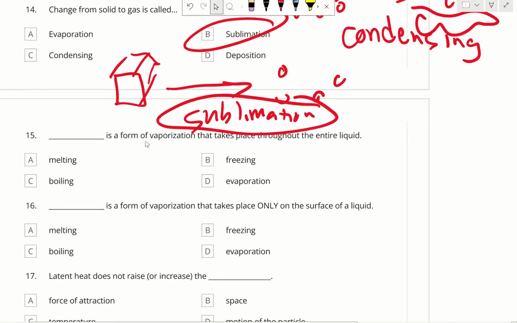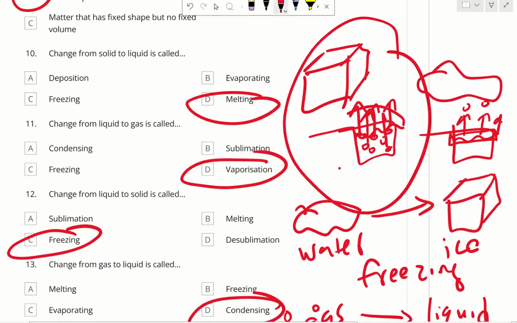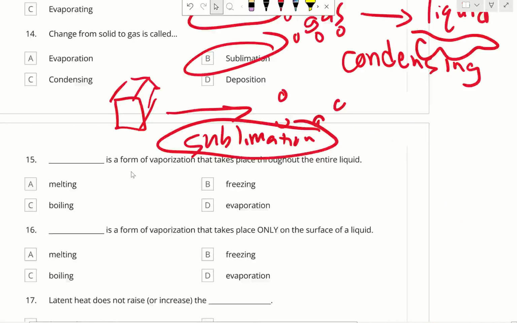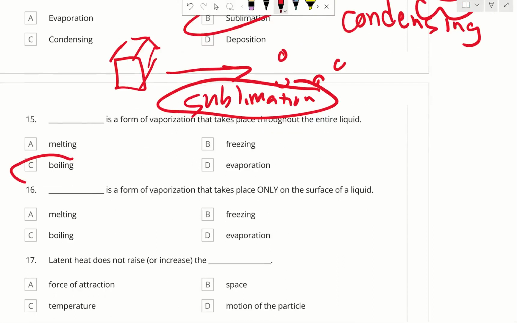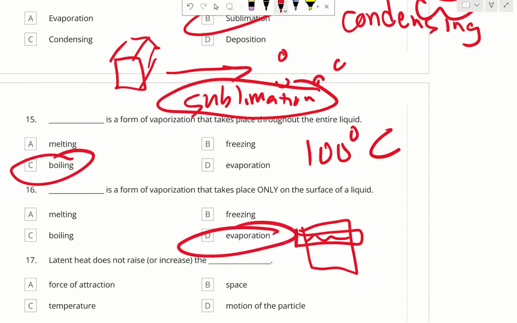Number 15, a form of vaporization that takes place through the entire liquid. We said that over here. If it's through the entire liquid, the whole thing, that is called boiling. This happens at 100 degrees Celsius. A form of vaporization that takes place only on the surface of the liquid is called evaporation.